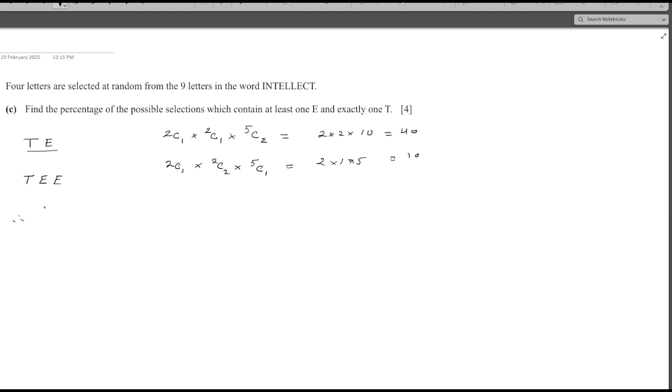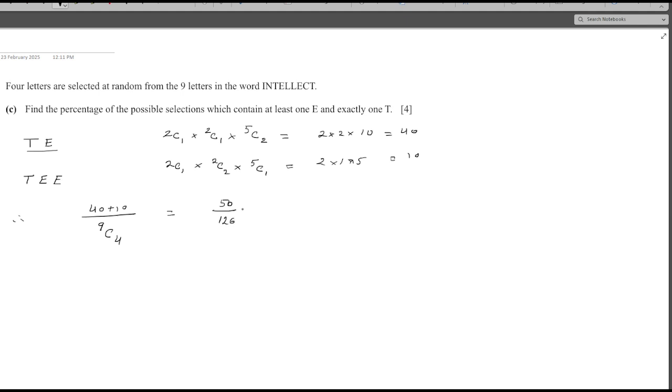So therefore, my required probability will be 40 plus 10 divided by, now out of 9, I need to select 4. That can be done in 9C4 ways. So here it is 50 divided by 9C4, which is 126.